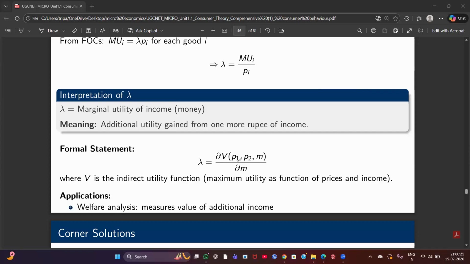Given my prices P1 P2, suppose money income was this much, and associated utility was this much. Now I keep the prices the same, just change money income by one unit, the smallest unit, so my utility will change by something. That change is my lambda, or the utility that I am getting from one unit of money income, that is lambda.